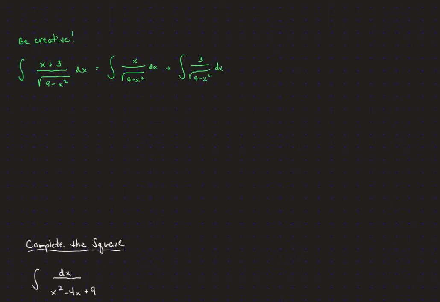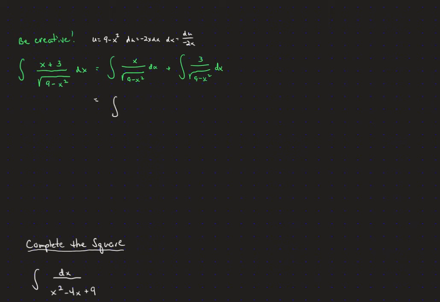Now these are going to be two very different integrals. The strategy we're going to use on the first one is what we just started. We're going to say u is the inside of that radical, 9 minus x squared. du is a negative 2x dx, and so dx is going to be du over a negative 2x.